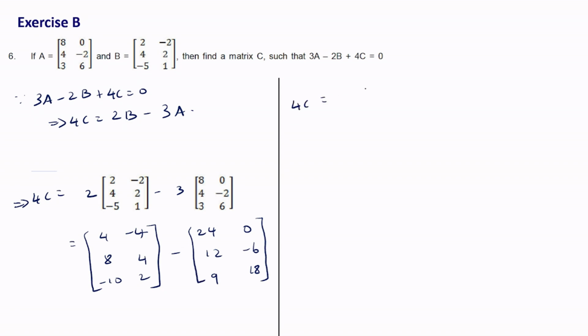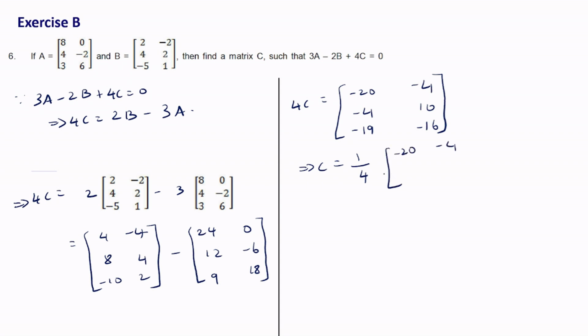So when we subtract, it is 4 minus 24 is minus 20, then minus 4 minus 0 is minus 4, then 8 minus 12 is minus 4, then 4 plus 6 is 10, then minus 10 minus 9 is minus 19, then 2 minus 18 is minus 16. So we get C as 1 by 4 into this matrix, [-20 -4 -4; 10 -19 -16].